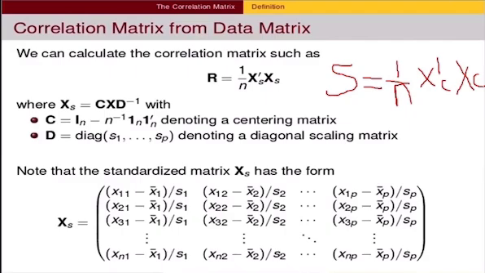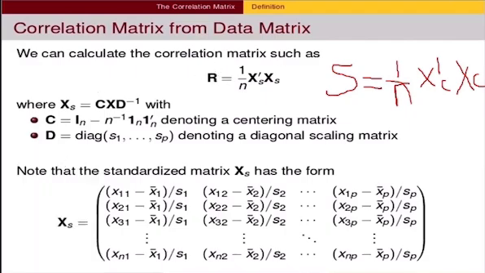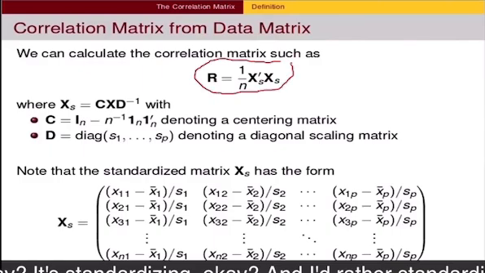But how am I going to get the correlation? On the other hand, take a look at this guy now. If you take a look at the correlation, instead of S_C, it is S_S. And the meaning of the S_S that I'm talking about is standardizing.